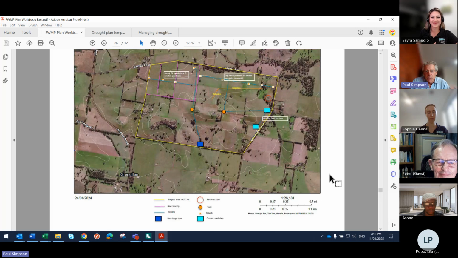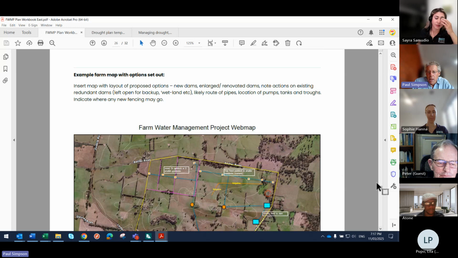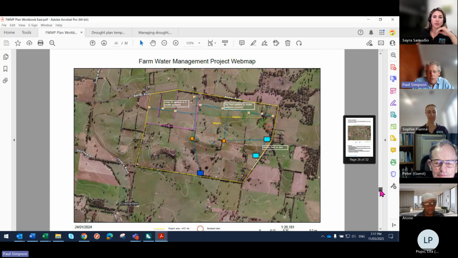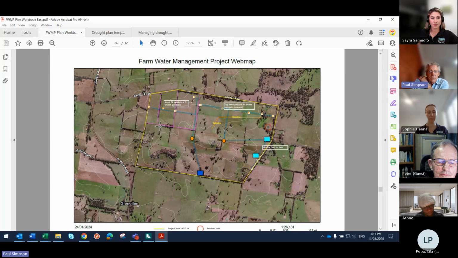It's great. So this is a mocked up version of the same property, Wandering Park, I think it's called. And you can see here, there's a bit more infrastructure in place now. They've decided to put in some smaller paddocks here, and also put in some, let's just go down to the key here.